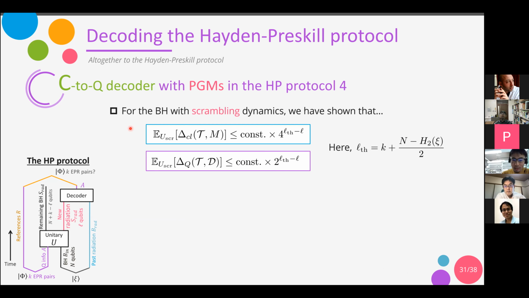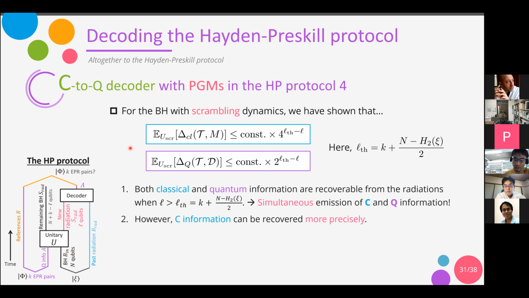These two things have several implications, maybe small implications. Again, I would like to emphasize that there's no big difference between classical and quantum information in this protocol, because both can be recovered from the radiation when the number of qubits in the new radiation exceeds this threshold number. So this means simultaneous emission of C and Q information.